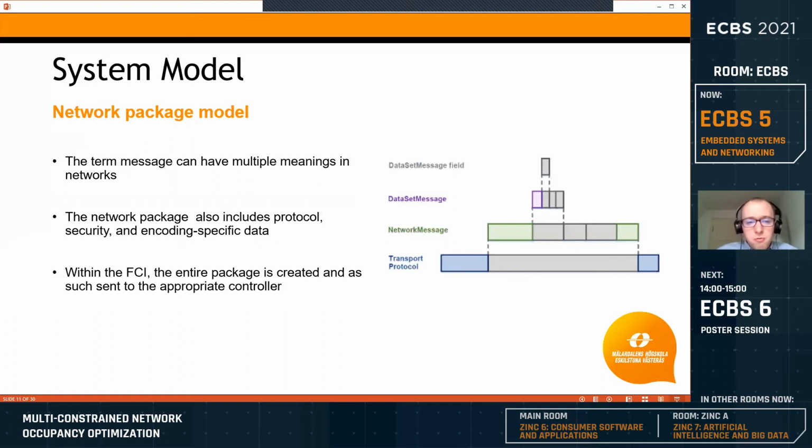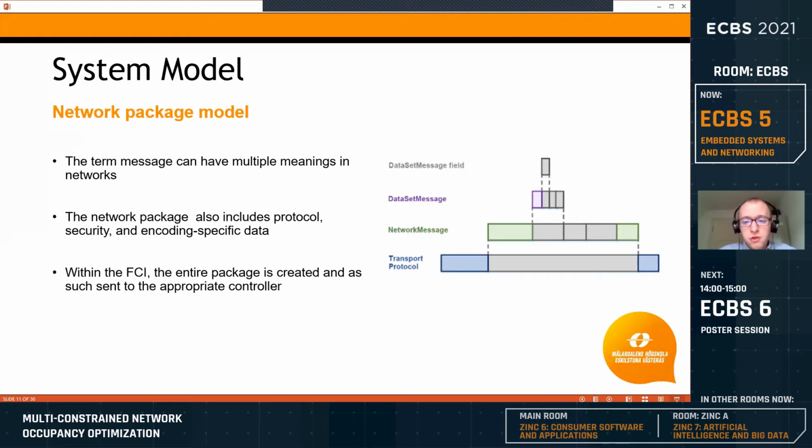Regarding the network package model, the term message is somewhat ambiguous, because it can have multiple meanings in networks. Generally, we can say that network message, and that is the notation we use, is only the payload, the part of the network packet that contains data.